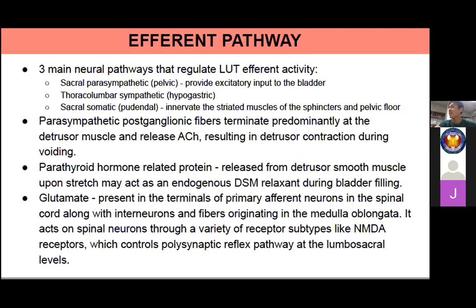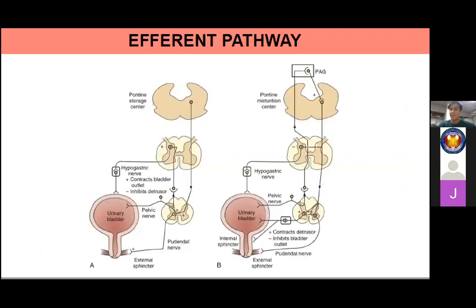It acts on spinal neurons through a variety of receptor subtypes like the NMDA receptors, which control polysynaptic reflex pathway at the lumbosacral levels. Next, please. So as you can see in this picture, it basically shows the mechanism of storage reflexes and also the voiding reflexes on the right. Next, please.